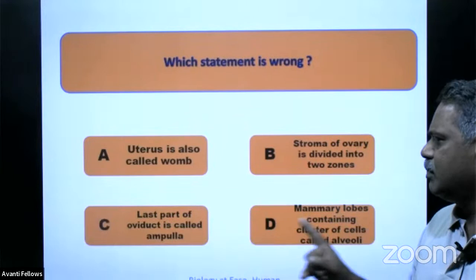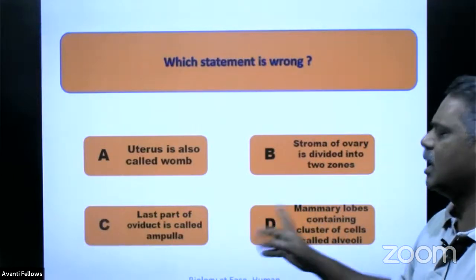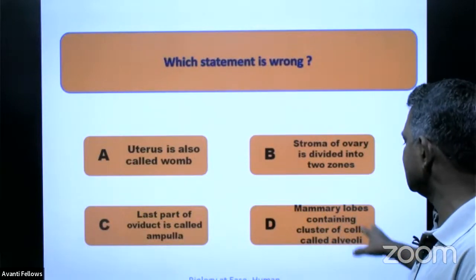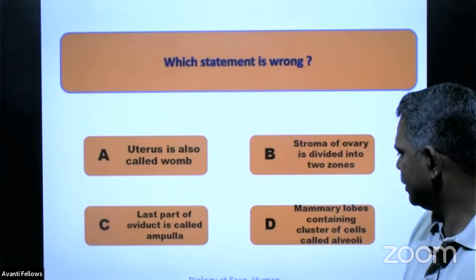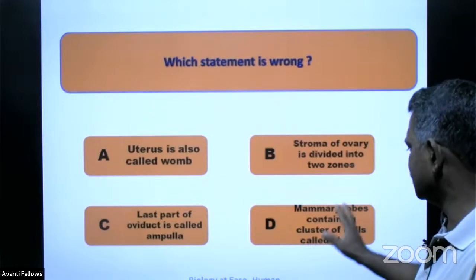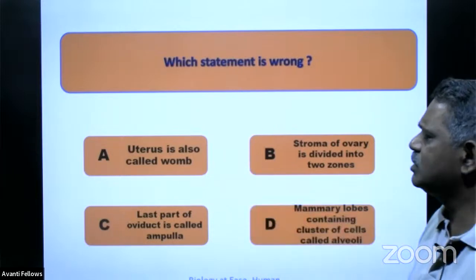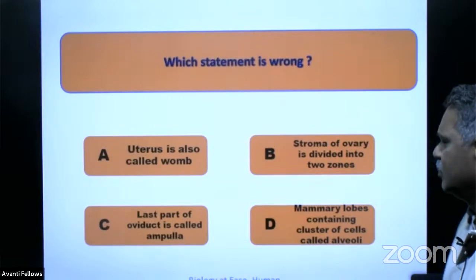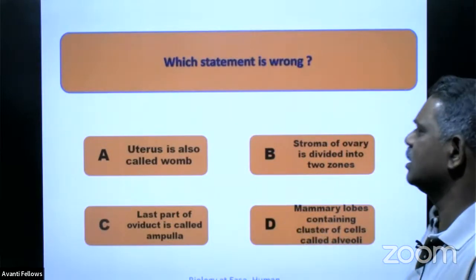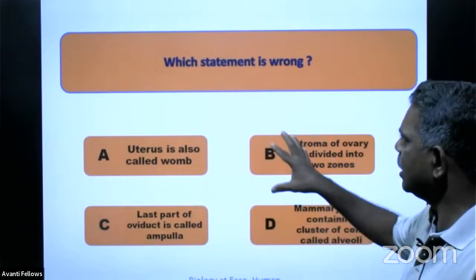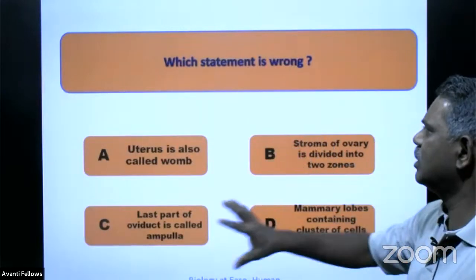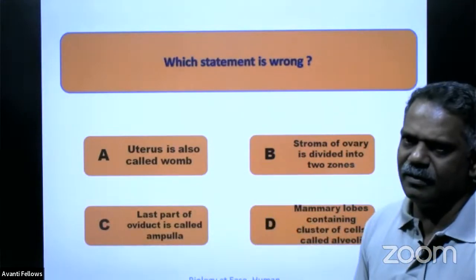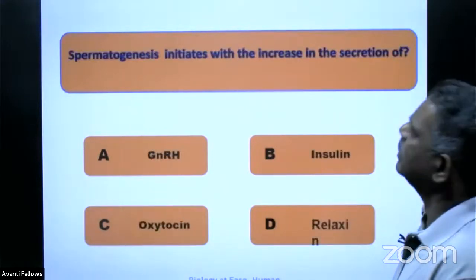Option D, mammary lobes contain clusters of cells called alveoli. Three options are right statements, but one is wrong, and you have to find it. Is it A, B, C, or D? Right, so we'll move to another one.